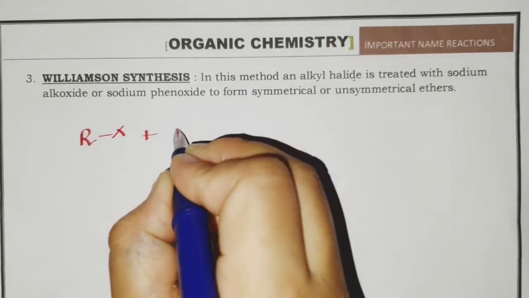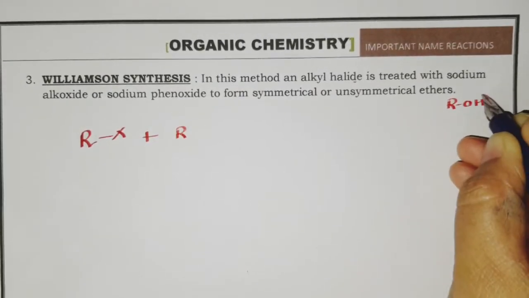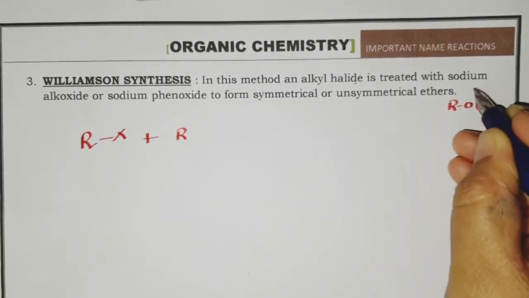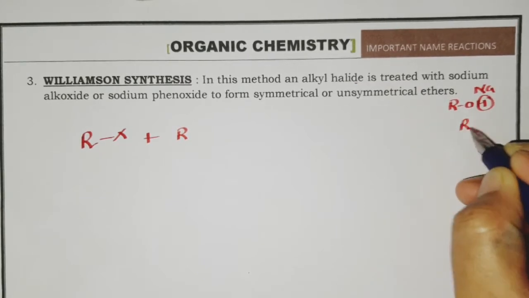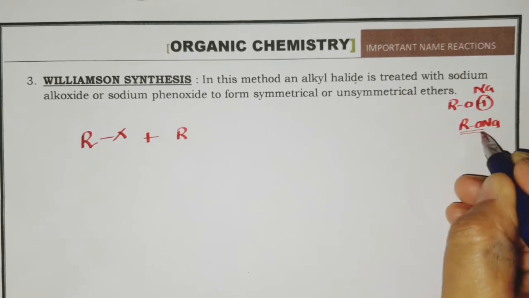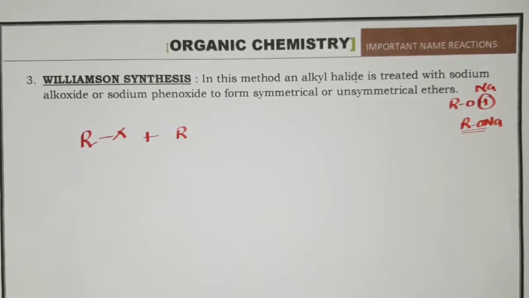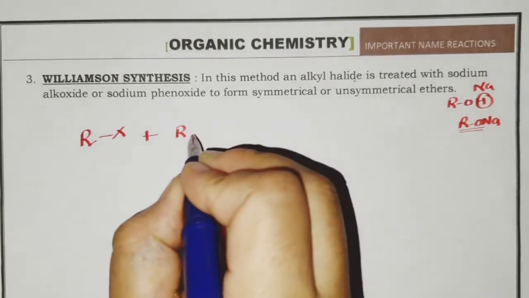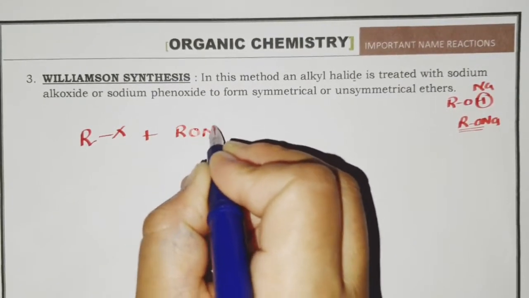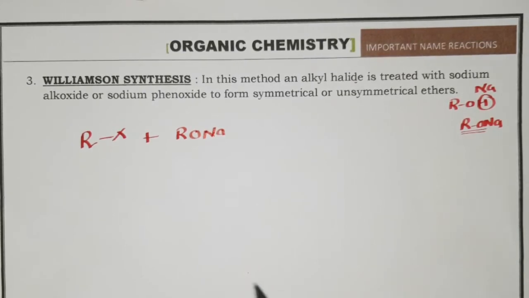Whenever alcohol ROH has its H replaced by Na, you get alkoxide, with formula RONa, or phenoxide, benzene ring ONa.